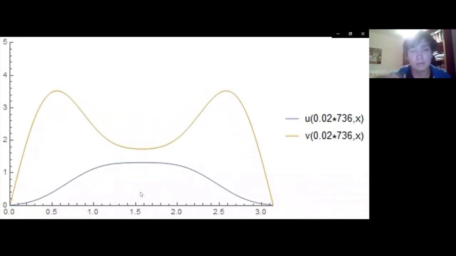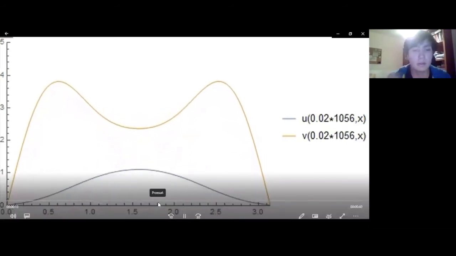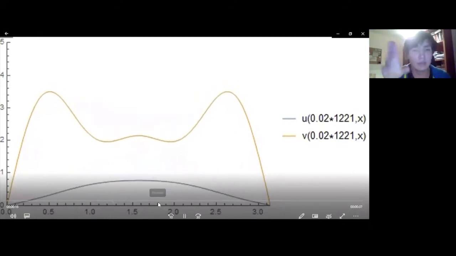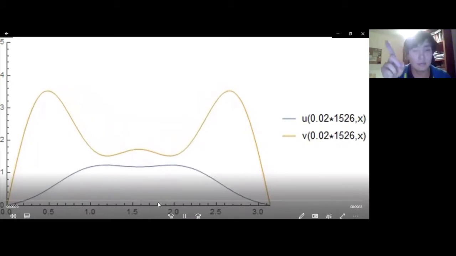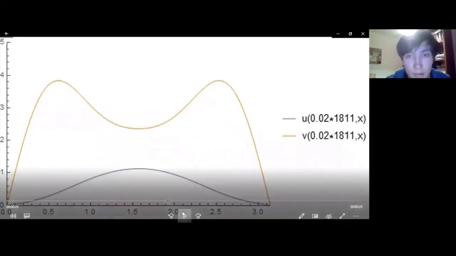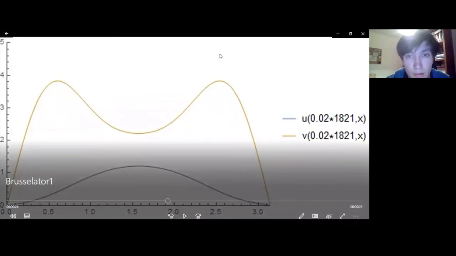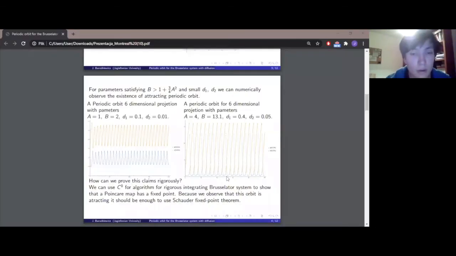And let's observe that this solution is symmetric with respect to reflection in the line y equal p over 2. Okay, I will have to switch to the presentation now. I am back to the presentation.